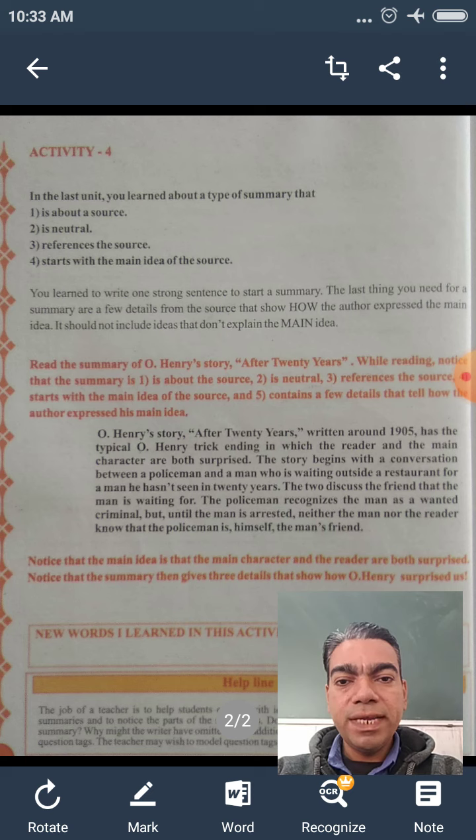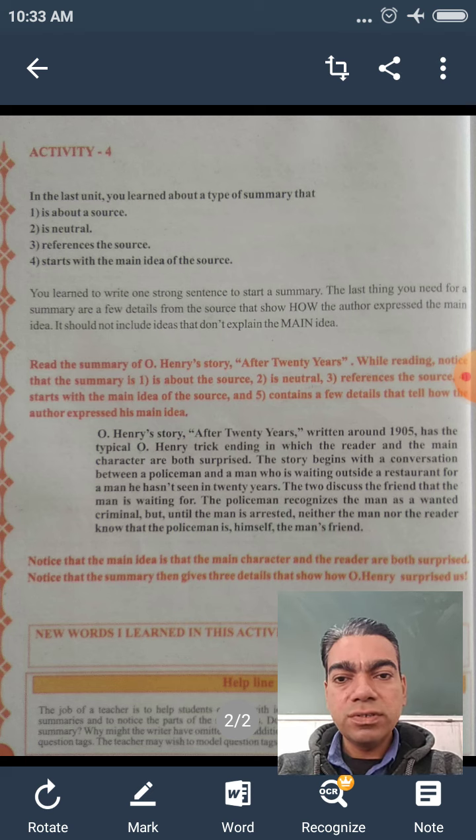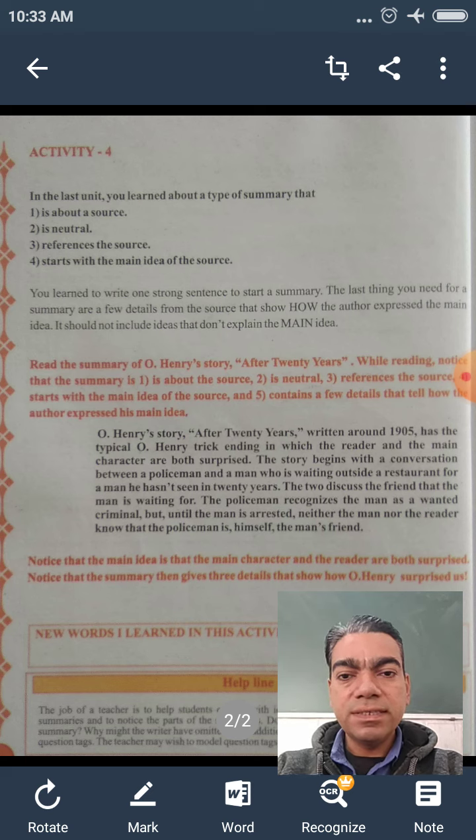In the last unit you learned about a type of summary that is about a source, is neutral, references the source, and starts with the main idea of the source.